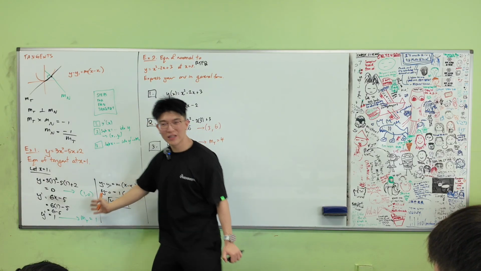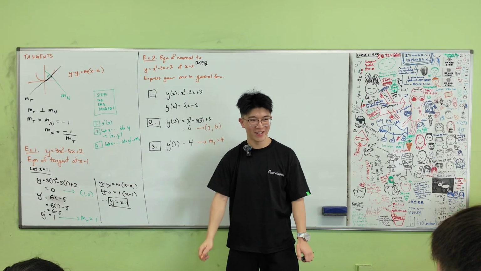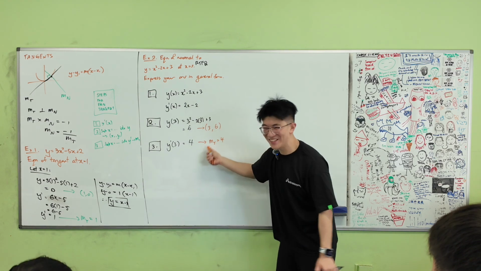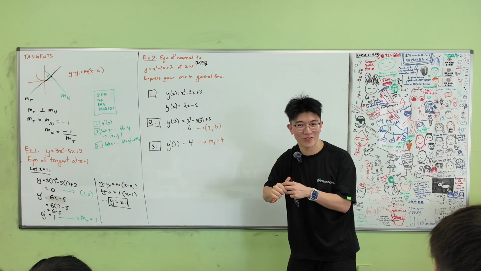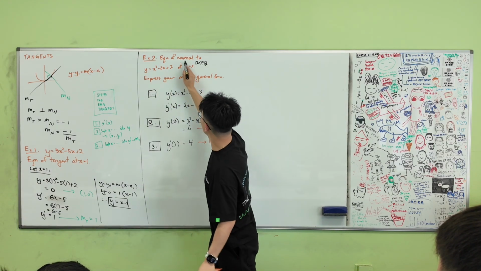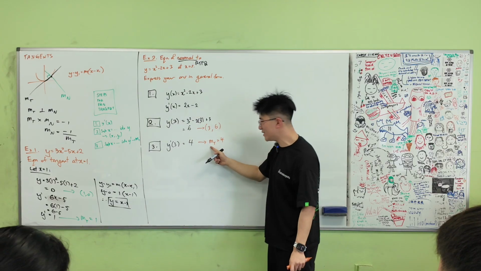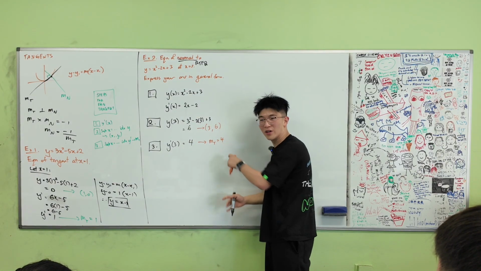Last time we found the gradient, and we just plugged it into the point-gradient formula, and we got the equation. Now, look up here. This is not what you need to do. You need to do more. This question tells you to find the normal in general form, but the real thing here is the normal. And this is the gradient of the tangent. That's why I'm stressing you to write that, to remind yourself, this is not the thing I want.